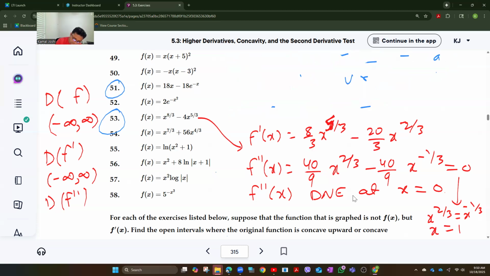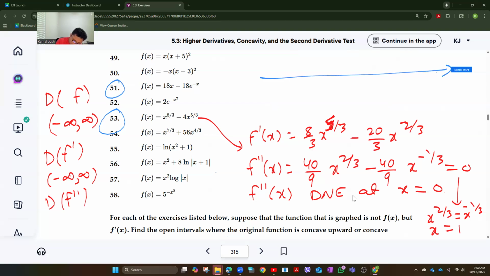Oh my god, it's so difficult to erase with this. Okay, change the color.